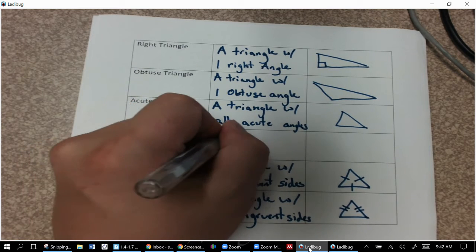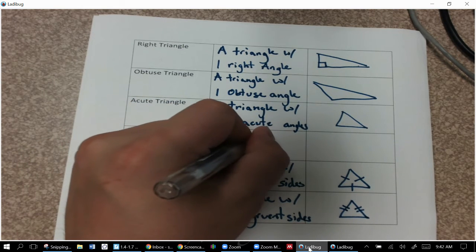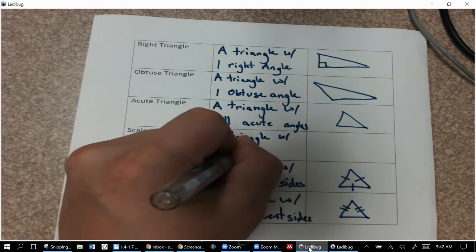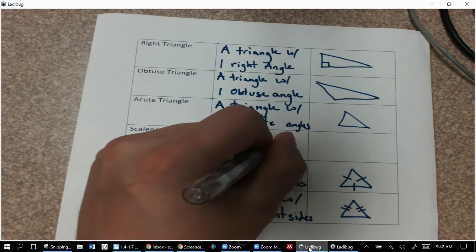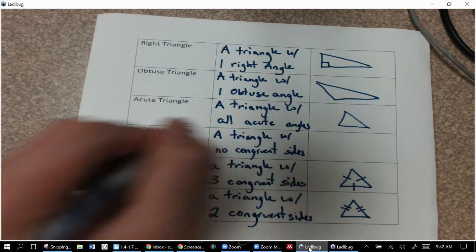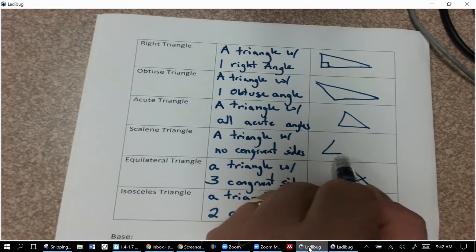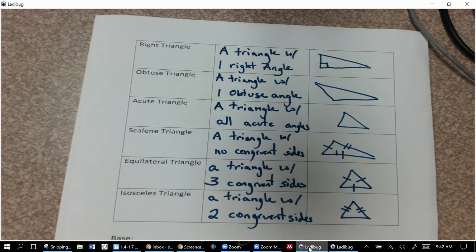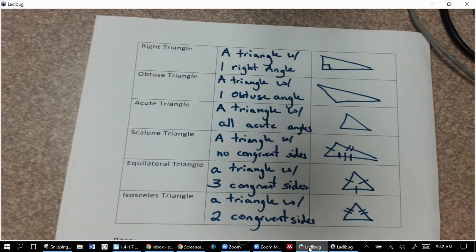So we've got a triangle with no congruent sides. And so you might draw a triangle that looks something like this, where that one's different from that one, it's different from that one. So we know that those are all different.